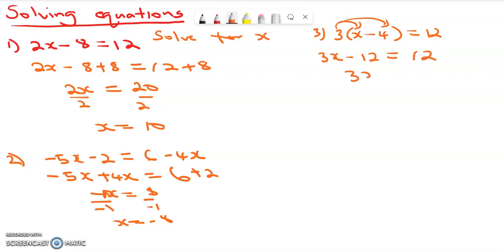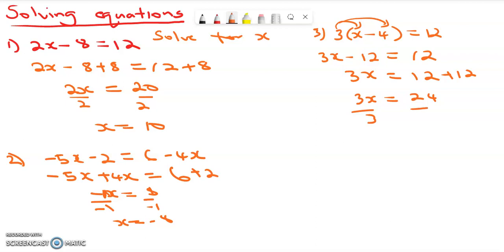Then we need to isolate 3x, so it's going to be 3x equals to 12 plus 12. And remember, 12 was negative on the left, so it's going to appear as positive on the right. So this is 3x equals to 12 plus 12, which is 24.